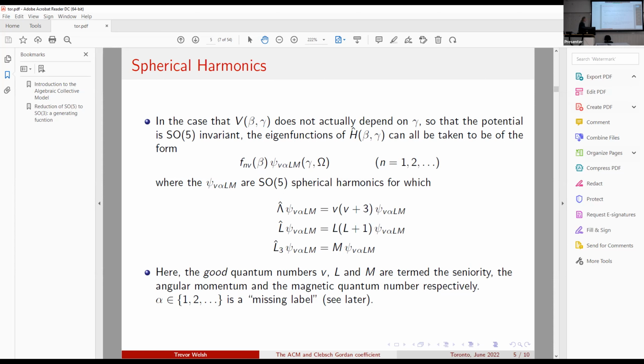And alpha is another label that we need here. The standard terminology is to call it a missing label because it doesn't correspond to an operator, but it's needed to distinguish states with equal V and L in some cases.